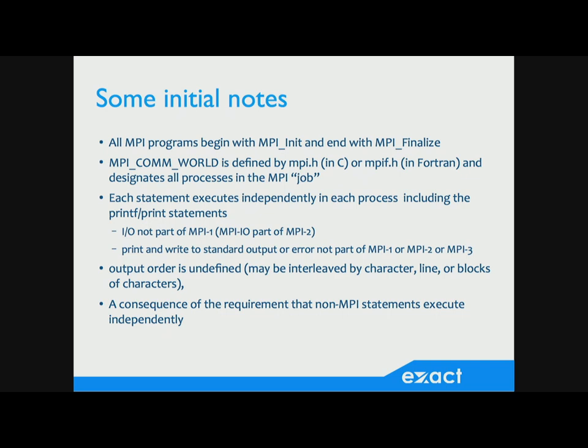Input-output is not part of MPI. MPI-IO is part of MPI-2, but still in MPI-IO you don't have any way to control the printf and print statements. Printf and print are actually C or Fortran statements, okay? And so the program is executed independently.